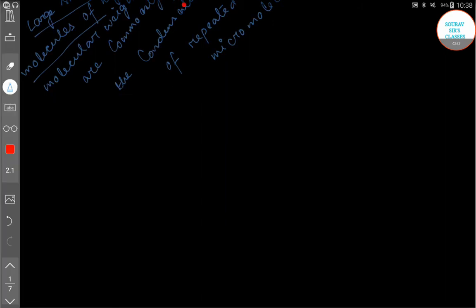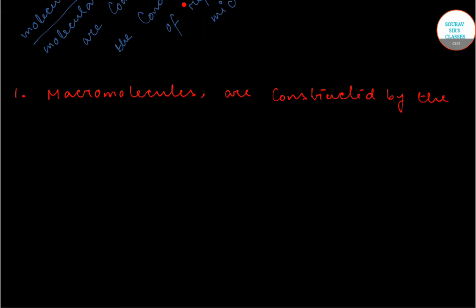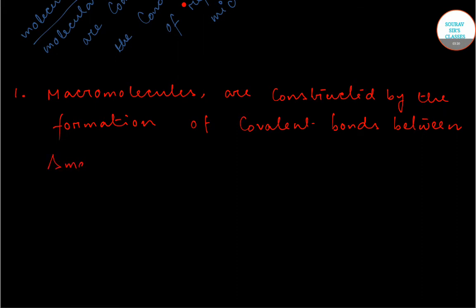let me change the color. The first one is: macromolecules are constructed by the formation of covalent bonds between smaller molecules that are known as monomers.